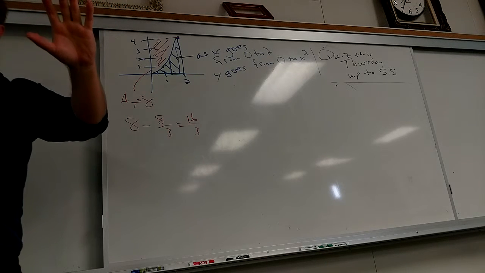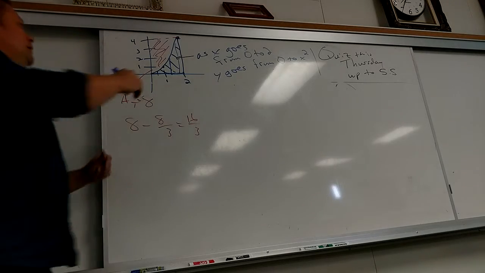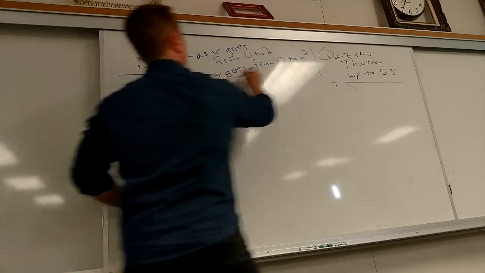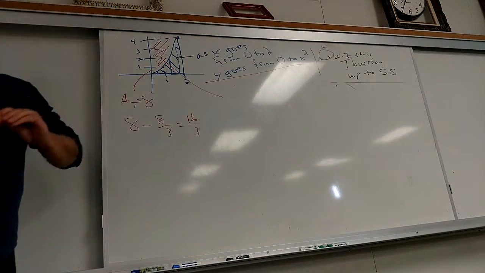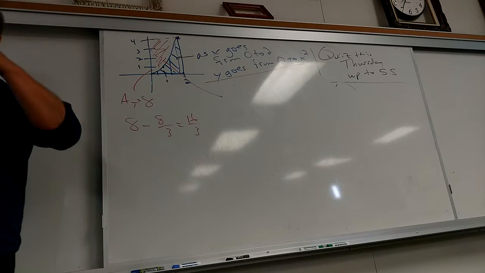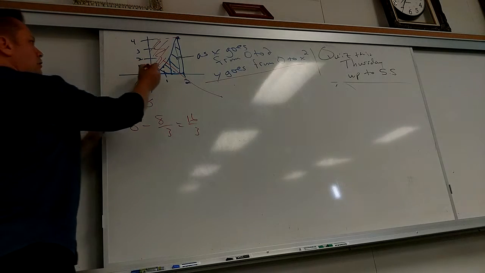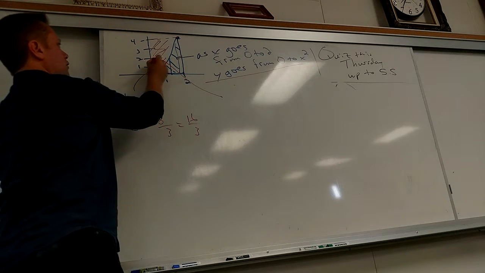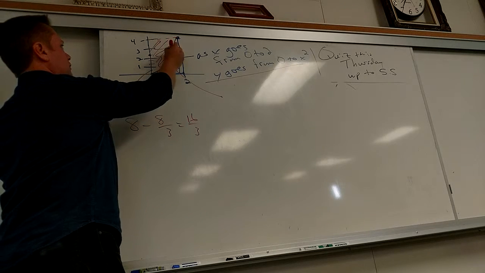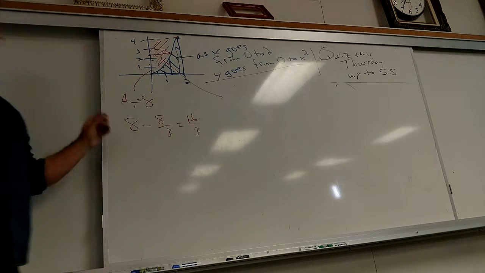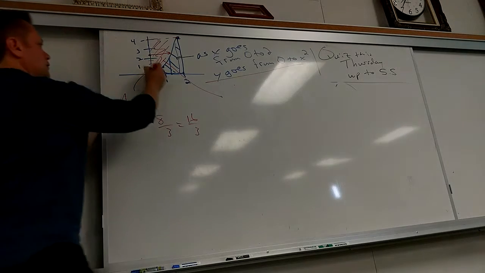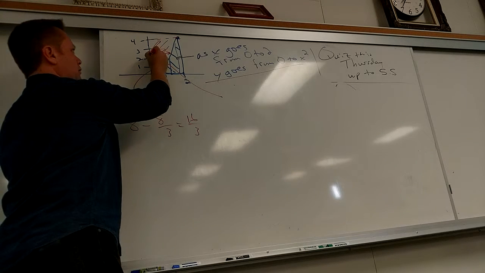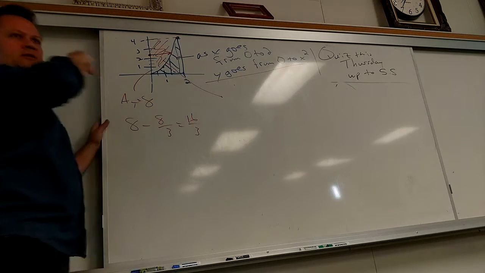Now watch. How would I describe this red region more directly? Which letter is going between two constants now? Y is. What's y going from and to? 0 to 4. So as y goes from 0 to 4, what is x going between? For this y right there, just to pick one arbitrarily, what is x going from and to?